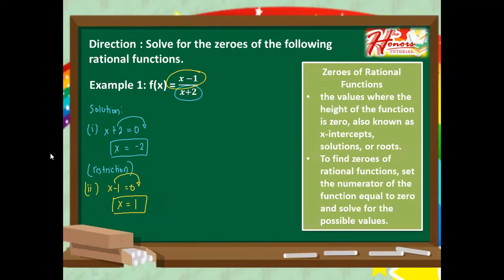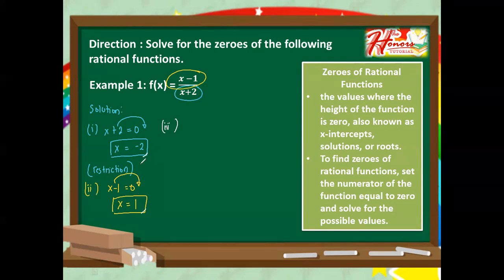Now, for the next process, we have to identify the zeros of f(x). We have to compare our restriction, which is negative 2, and the value of x that will make the numerator 0, to see if they are not the same.